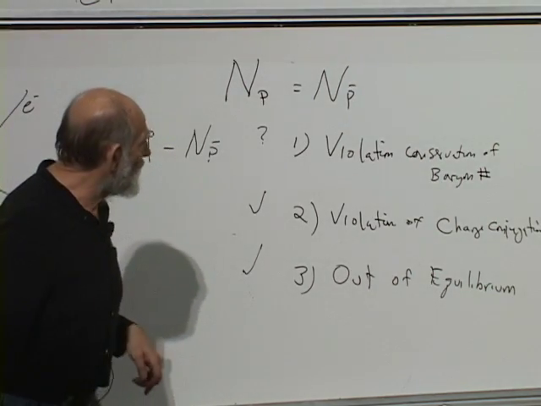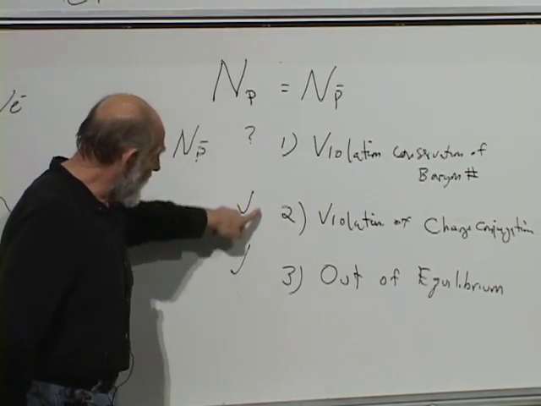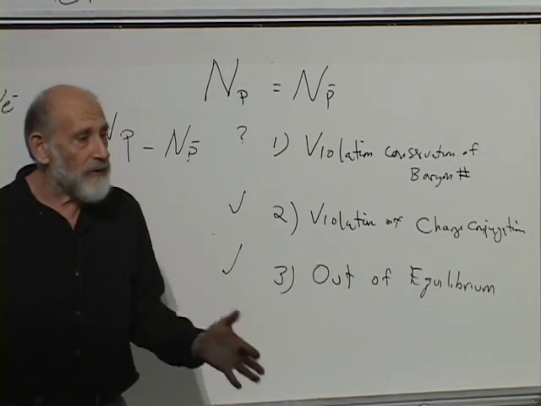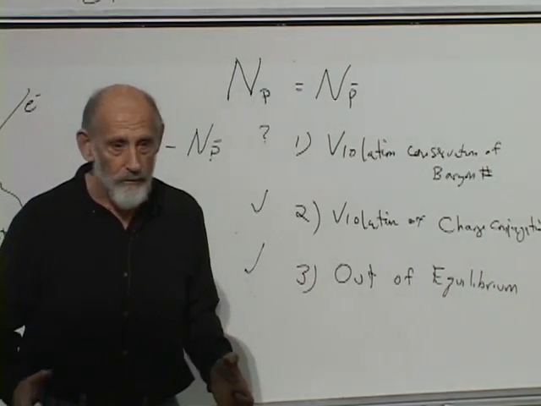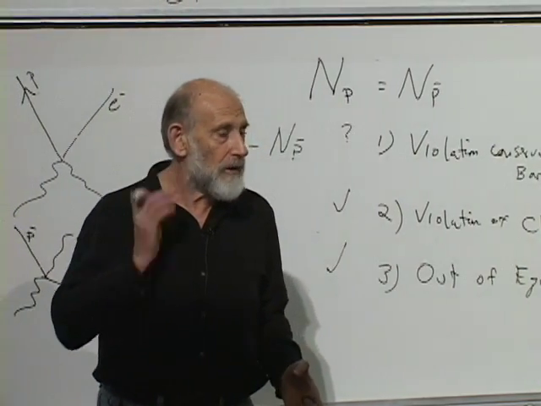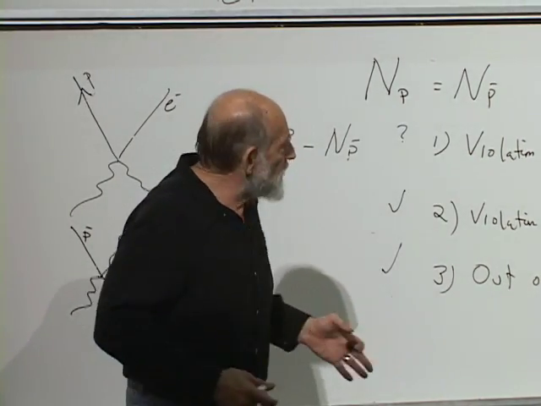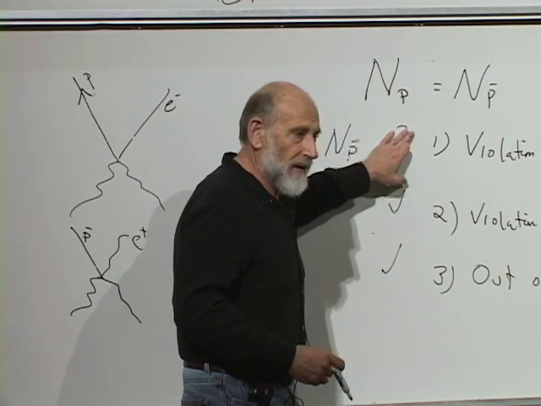When people make models of this and they start calculating, they get numbers not so different than 1 part in a billion. So the 1 part in a billion is not an unreasonable answer, but we simply don't really have a theory that goes back that far.